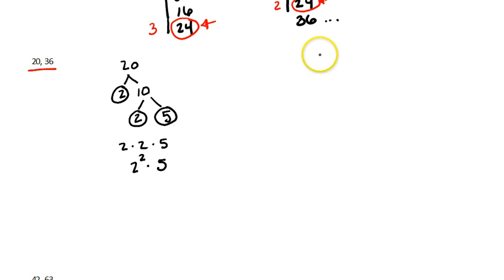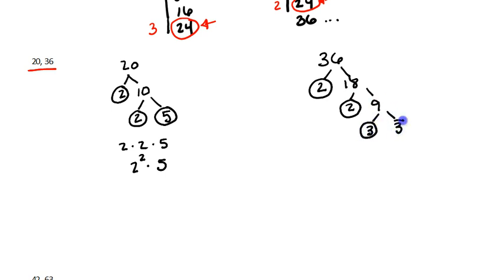Now let's factor out our second number, 36. 2 and 18. 2 and 9. 3 and 3. So now I've factored it out, and I get 2 times 2 times 3 times 3, or 2 to the second times 3 to the second.